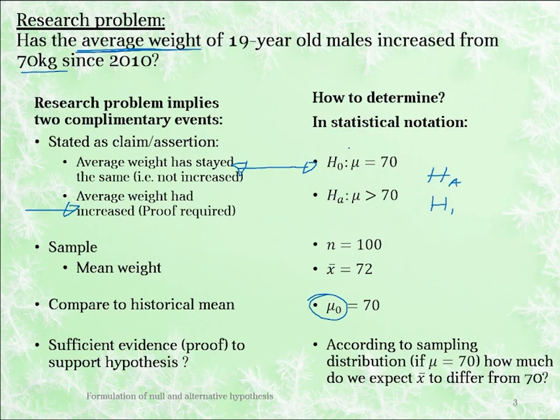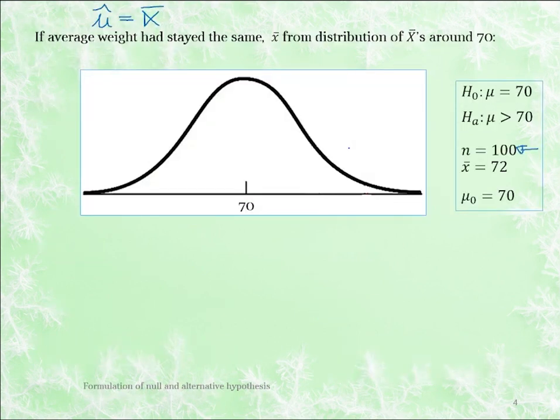Because if we look at our problem, nowhere on the previous slide did I say that the average weight of 19-year-olds is normally distributed. So we go back to the central limit theorem, and the central limit theorem tells us if my sample is large enough, my sample of x values, then x bar, which is based on those x values, will be approximately normally distributed. So that is why I can draw this normal curve.